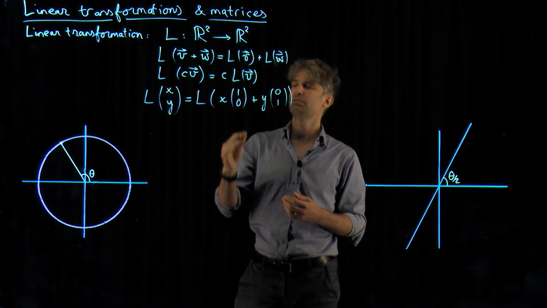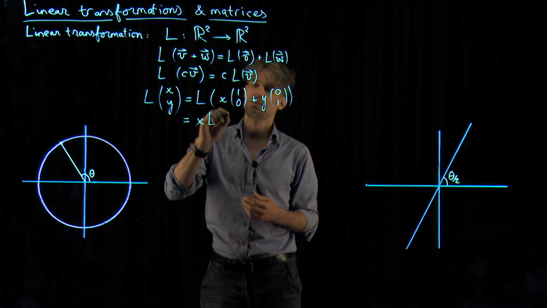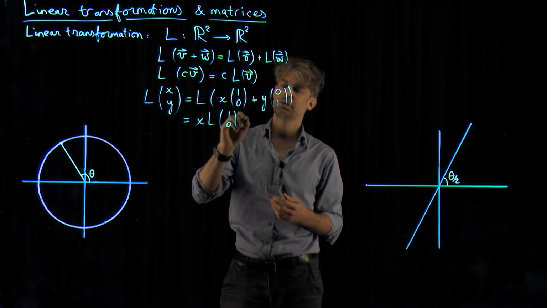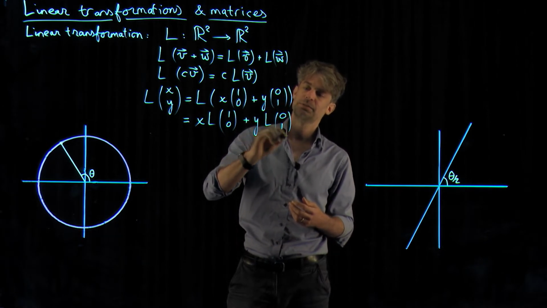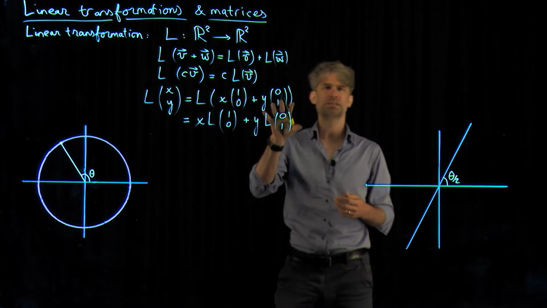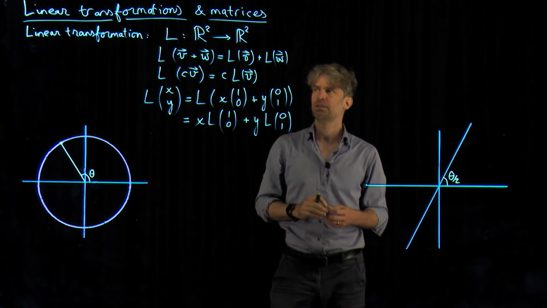And if I use these rules now, then I can conclude that it's x times L applied to the first basis vector, and y times L applied to the second basis vector. So basically what the transformation does is all fixed by what it does with the unit vectors.